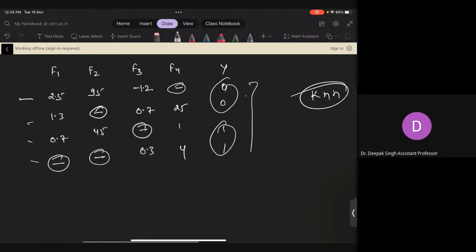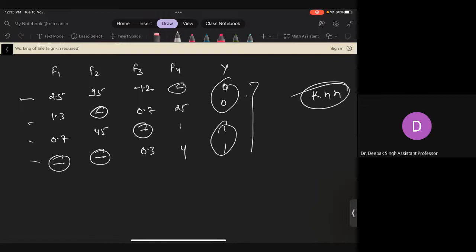Suppose I want to fill this value. I'll compute the distance of this data point. This is my data point 4, DP4, DP3, DP2, and DP1. I'll compute the distance from DP4 to DP3 to DP2 to DP1.